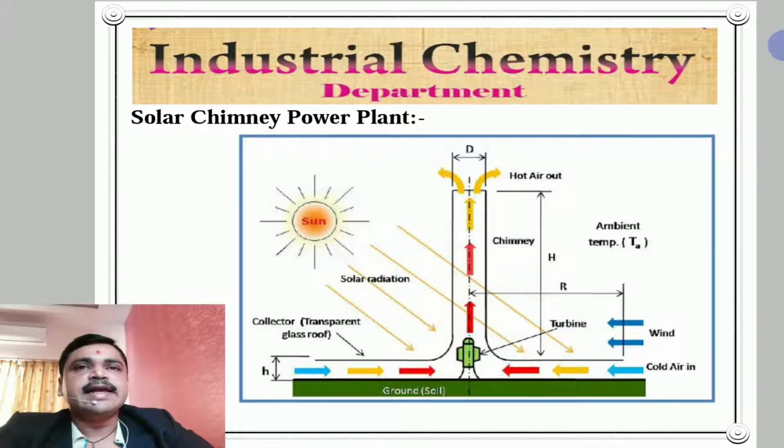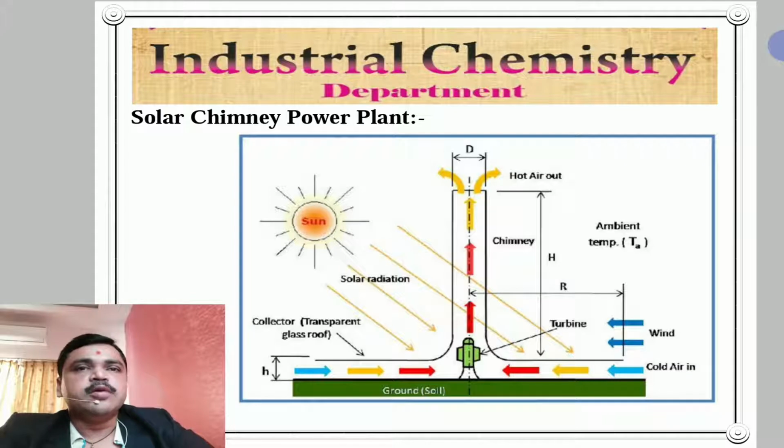The solar collector area extends to a radius of 126 meters from the chimney, with the glazing 2 meters above the ground.